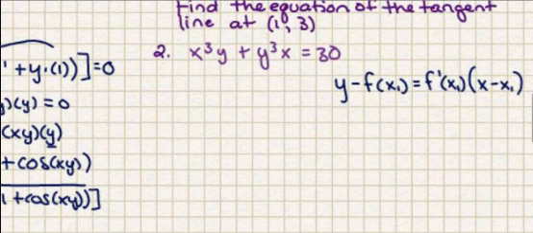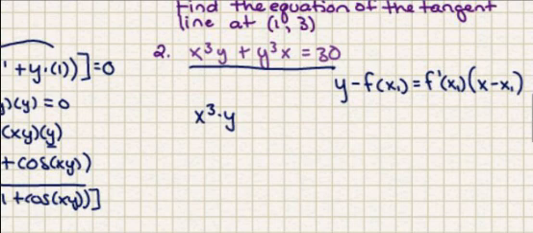Okay, so we're going to start by finding the derivative of this equation here. So taking the first term, multiplying it by the derivative of the second term, plus the second term multiplied by the derivative of the first term.